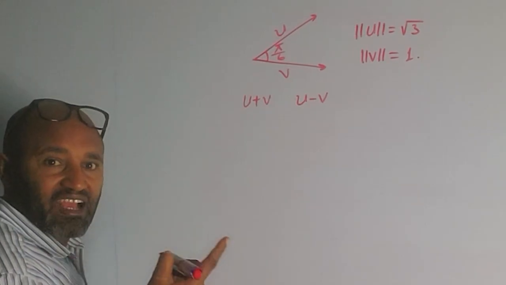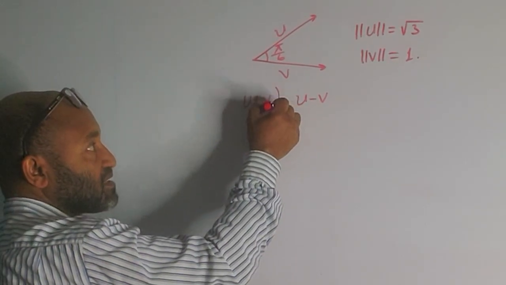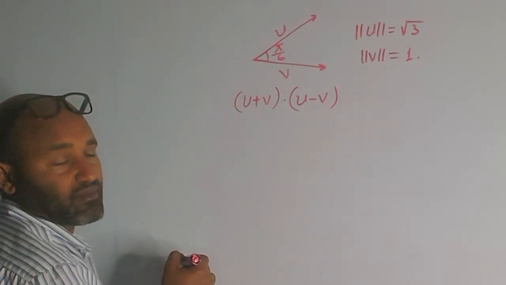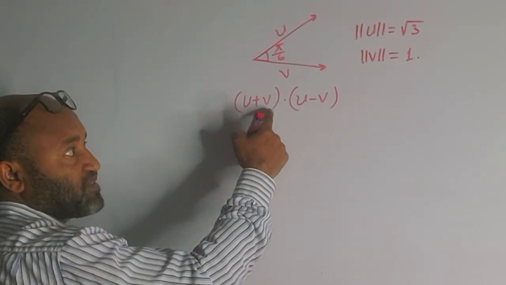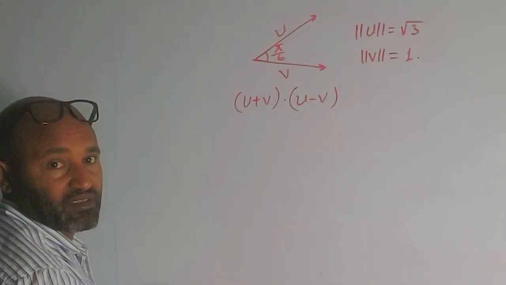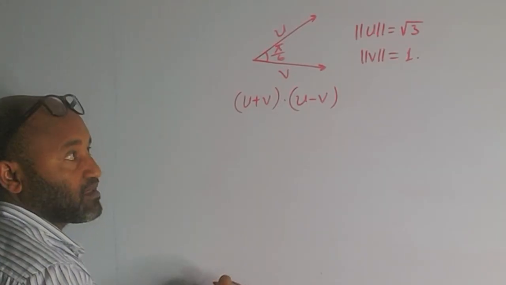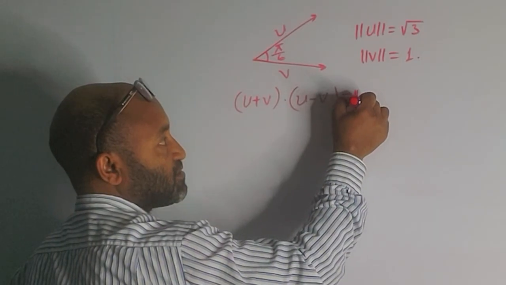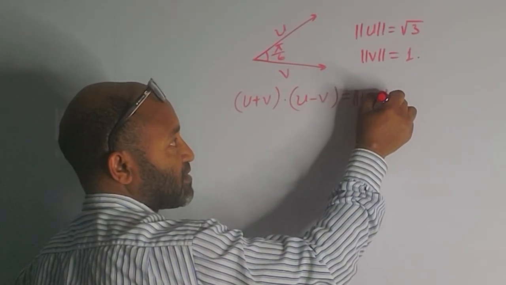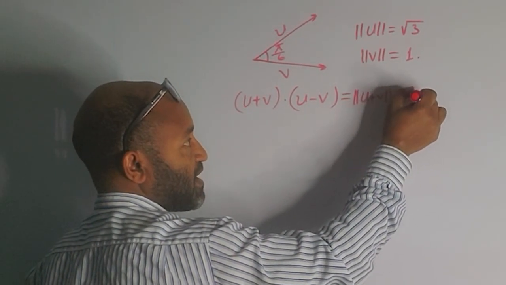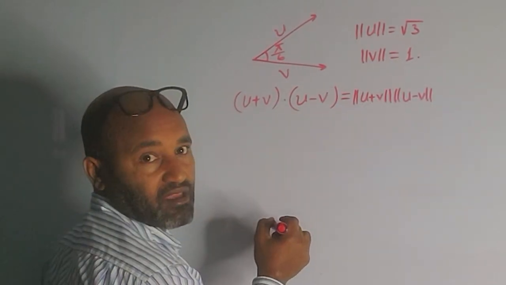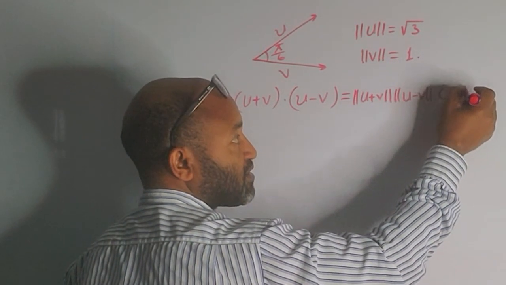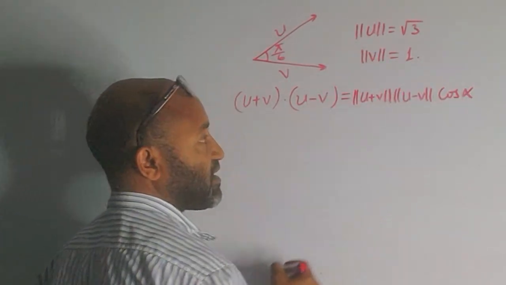So the angle between two vectors, we know that the dot product of the two vectors u plus v dot u minus v is magnitude of u plus v, magnitude of u minus v, cosine of the angle between the two. Let's make it cos alpha.